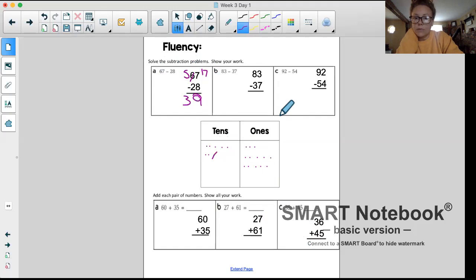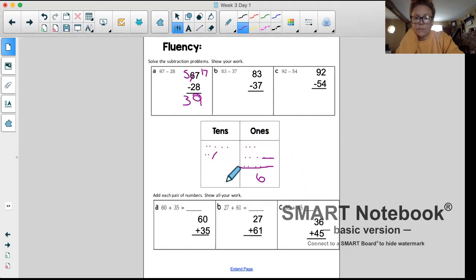Now I have 13 ones. So now I can cross off 7. 1, 2, 3, 4, 5 crossed off here. 6, 7 right here. Okay, I'm left with 1, 2, 3, 4, 5, 6 ones.